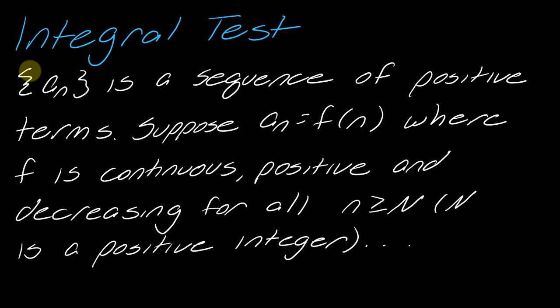So here's what the integral test says. Let's say we have a sequence of positive terms, which we represent as f of n. f has to be continuous, positive, and decreasing for all n greater than or equal to some positive integer n. So at some point, the function has to be continuous, positive, and decreasing.